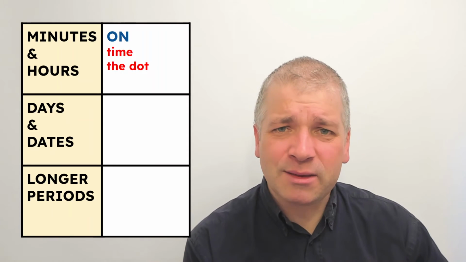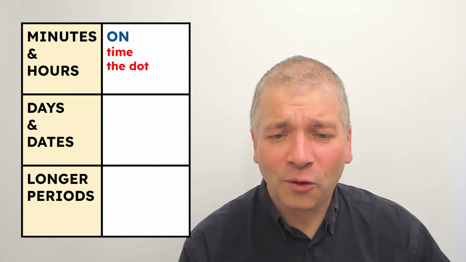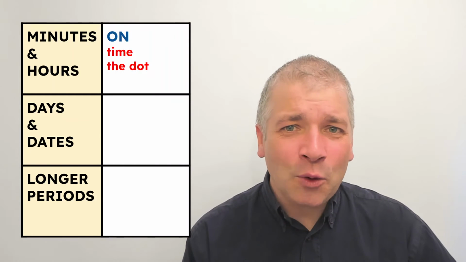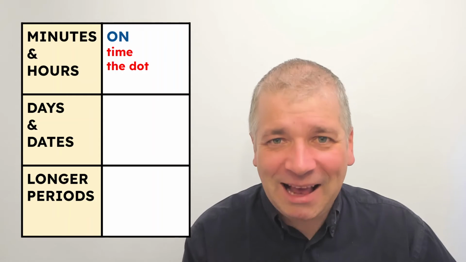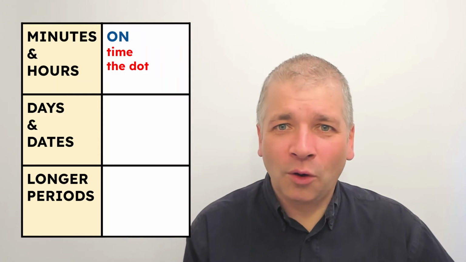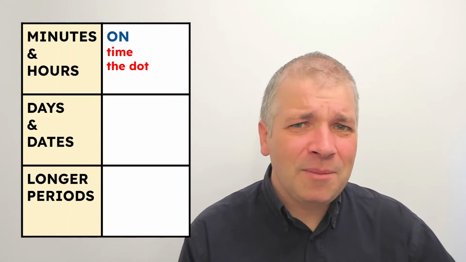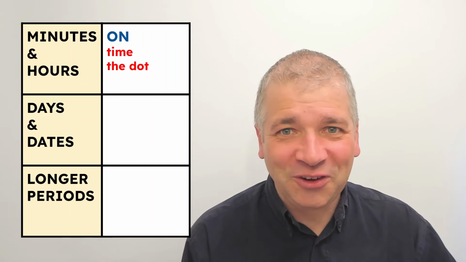And here it means exactly at the expected time, on time. On the dot is a fairly informal phrase that we use to mean absolutely exactly on time. So your friend asks you, do you think you'll be on time? And your answer is, I will be there on the dot.